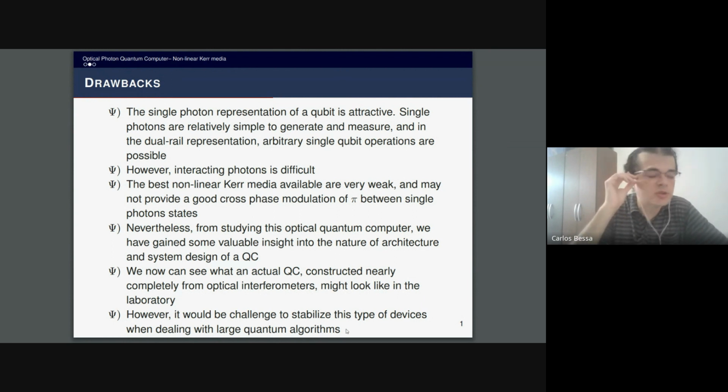Remember that we considered the Deutsch algorithm in the last lecture, and we considered only 2 qubits, right?